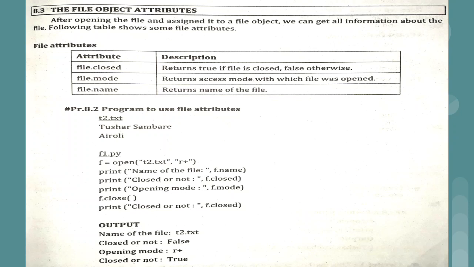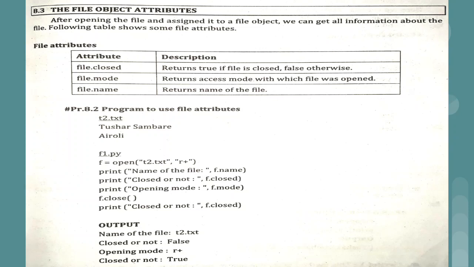Then the next one is f.mode. Definitely it will display the mode. Which mode have we used in this program? r+. So it will display r+ as the answer. Then we apply f.close, meaning we are done with whatever we wanted to do with the file. I am simply closing the file by writing f.close.